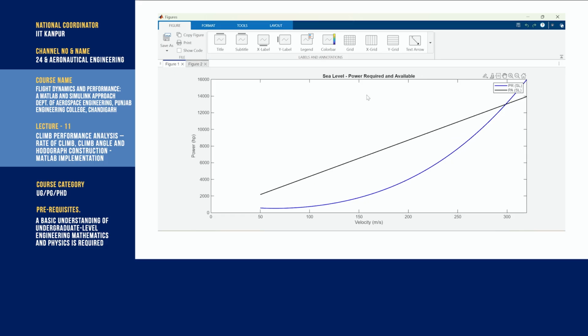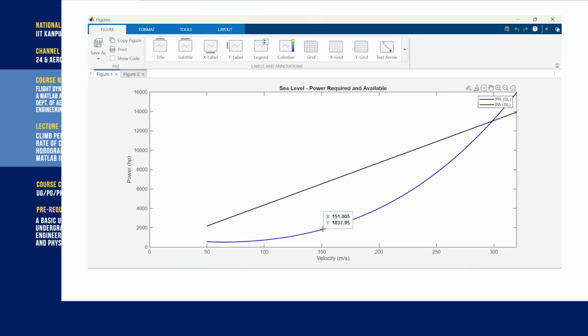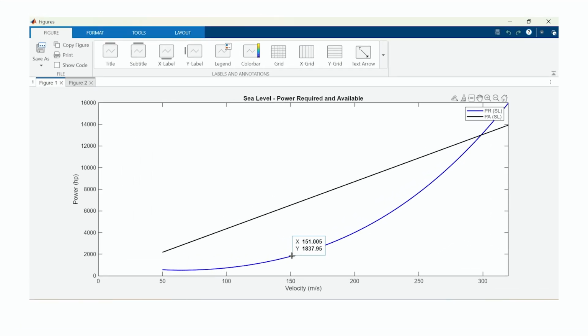Let me go to the sea level plot. We considered velocity as 150 meters per second, and let us see what is the power required at 150 meters per second. We are getting almost around 1790. So let us consider 1800 horsepower is the power required at sea level.